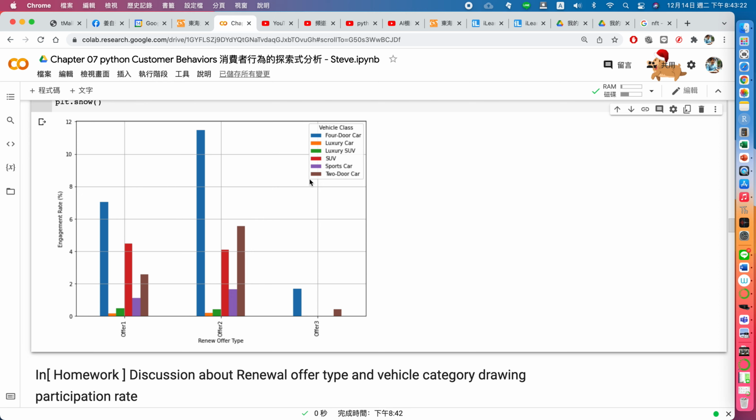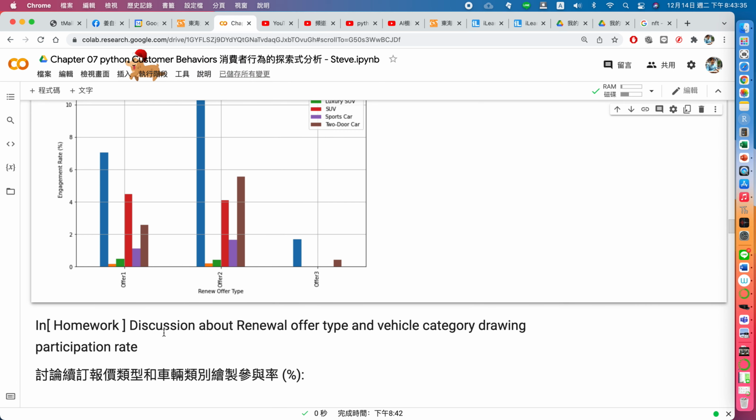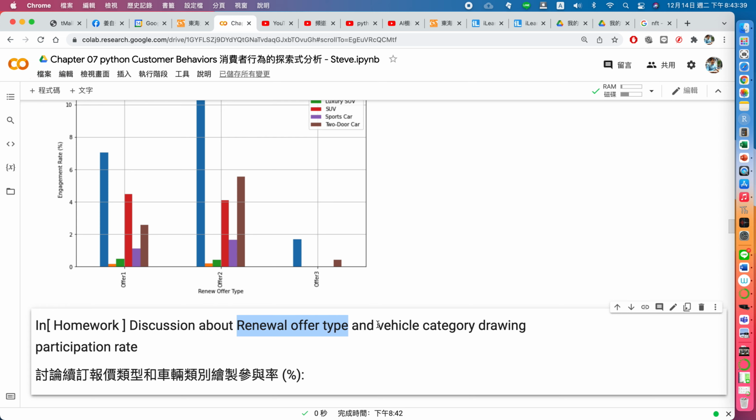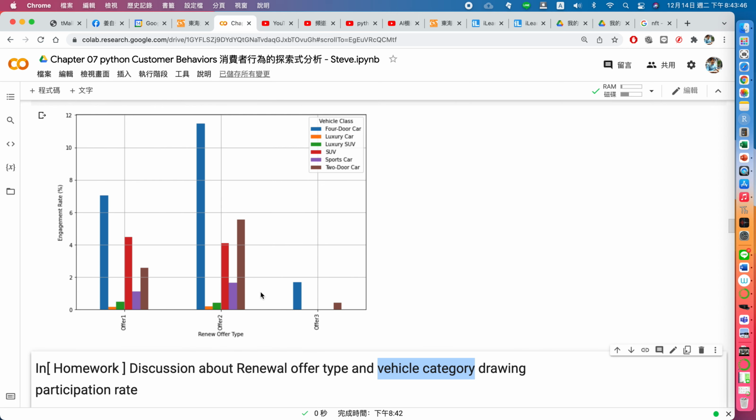The second one is the SUV. The third is the 2-door car. What about offer 2? What about offer 3? Our homework is to discuss the renew over time and the vehicle category. So you can explain the diagram as your homework.